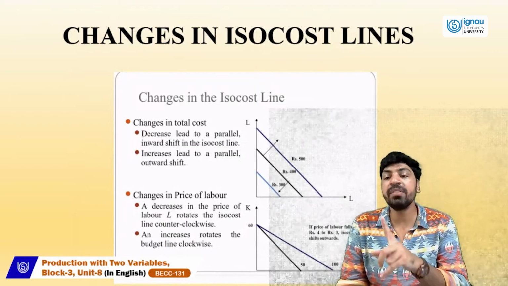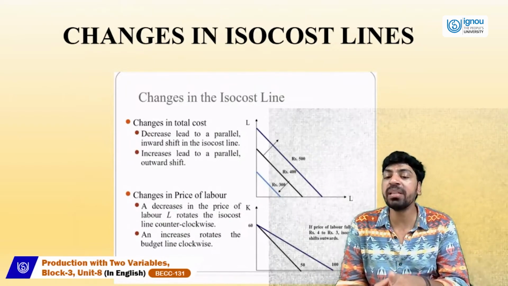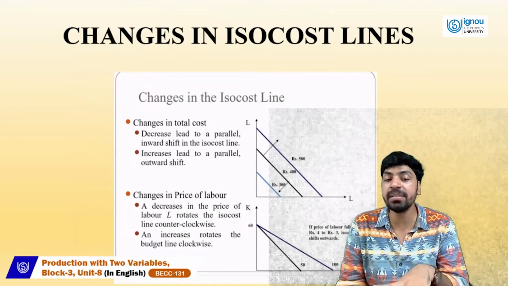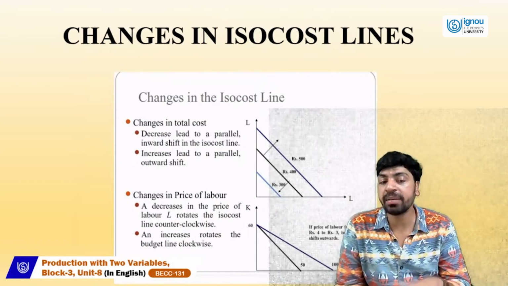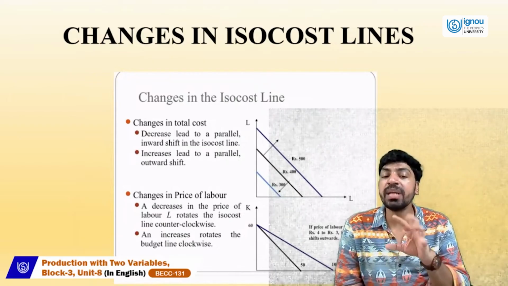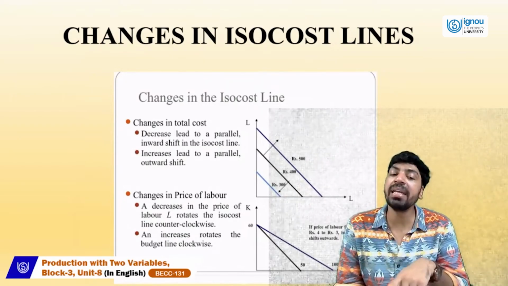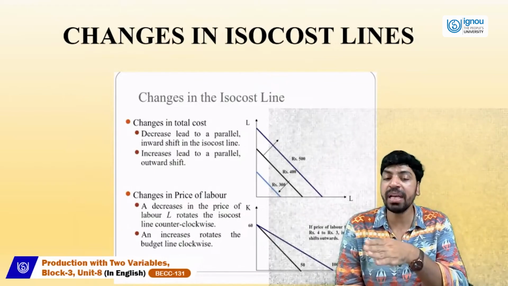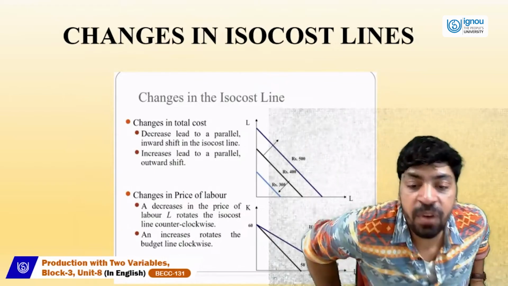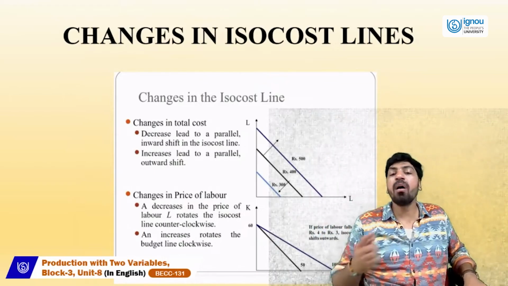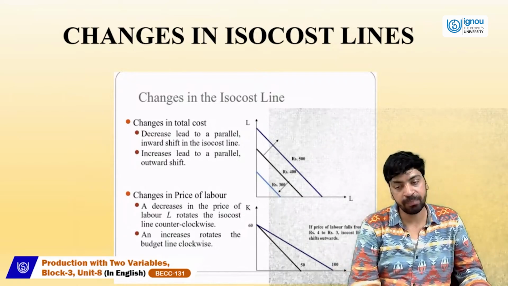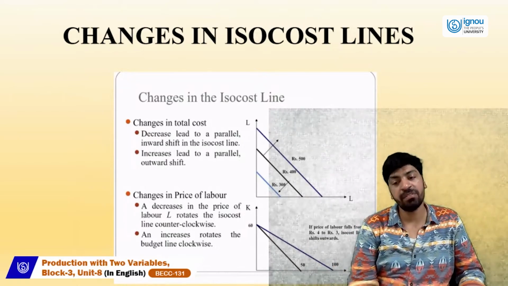If there is a decrease from 4 to 3, in other words, it is called the counterclockwise isocost line. But when we talk about an increase, it's called the budget line rotating clockwise. So that will shift inwards, right? It begins from the original isocost line, where the labor is 50.